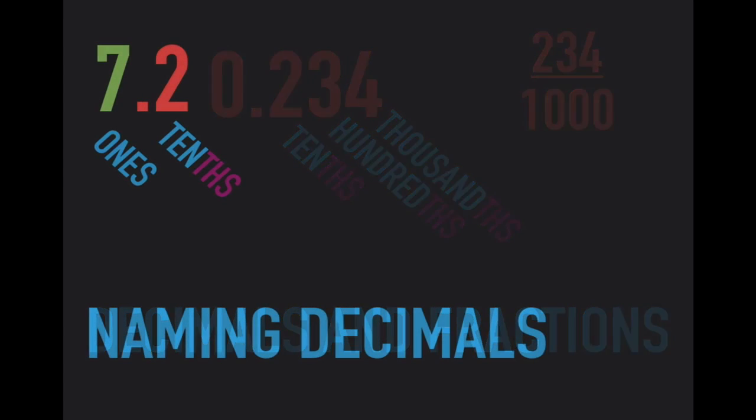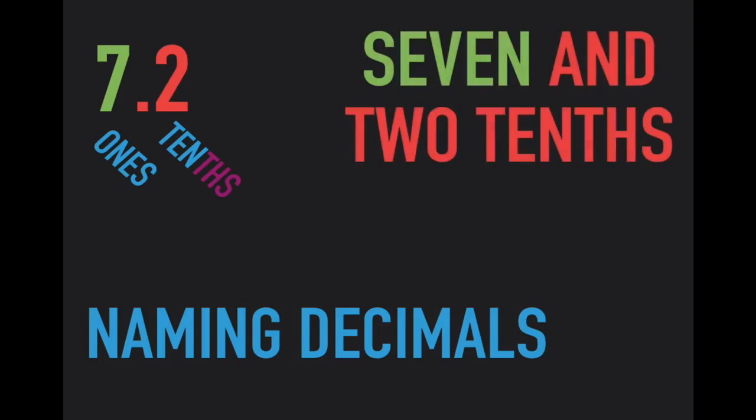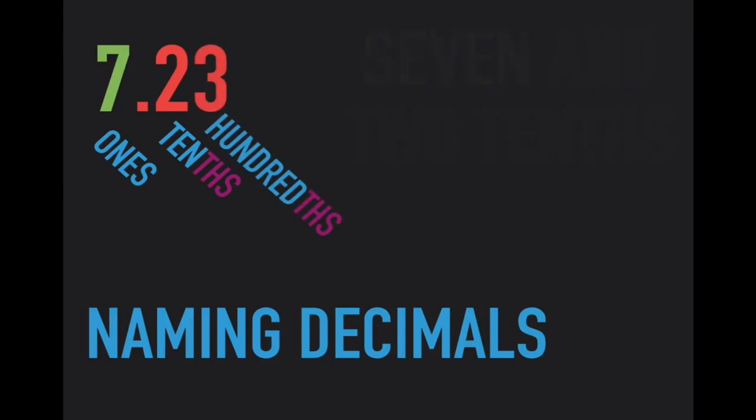Another part you need to know for this section is the proper way of naming decimals in words. In words, you would say something like, this is 7 and 2/10. So 7 whole and 2/10. But as we go along, you wouldn't call this 7 and 2/10 and 3/100ths.